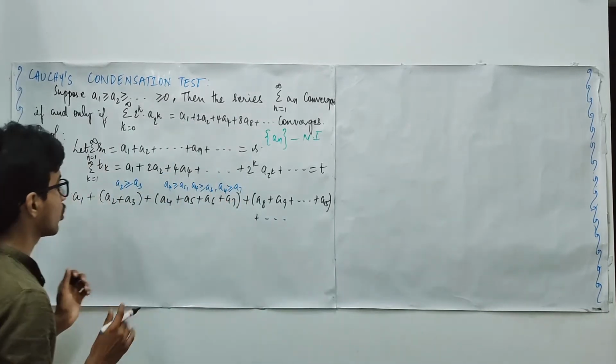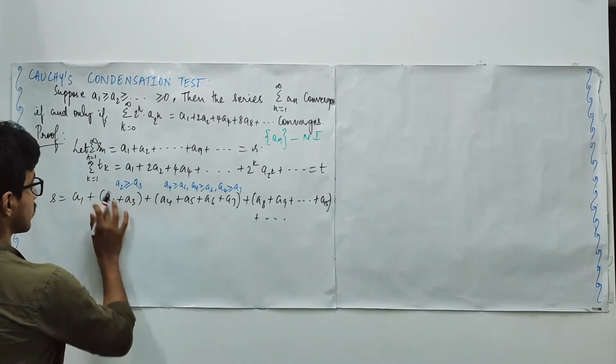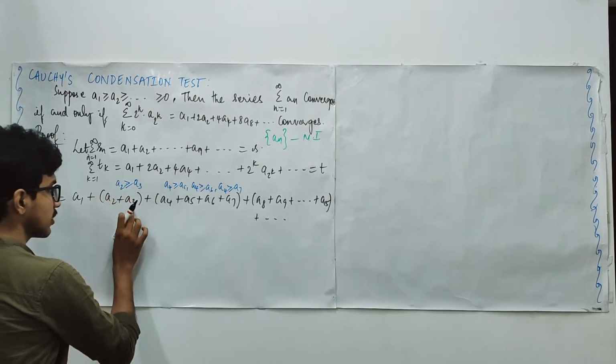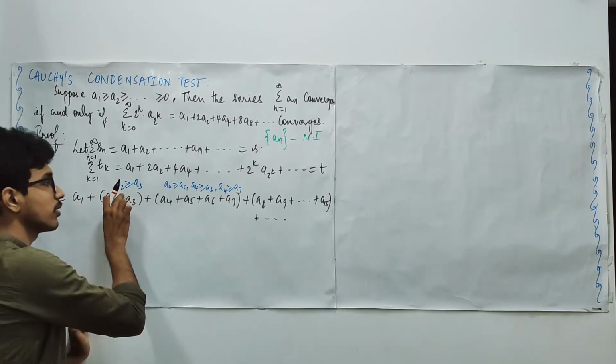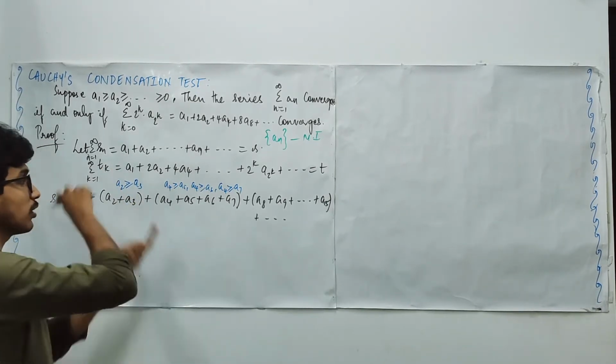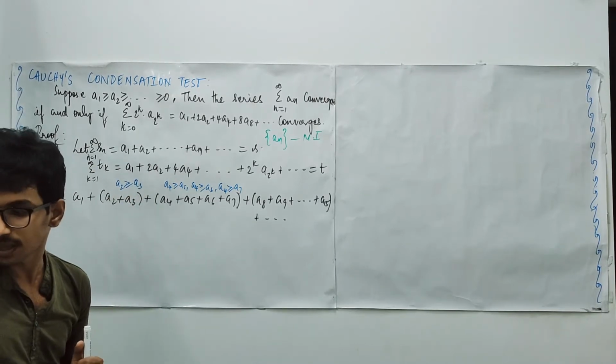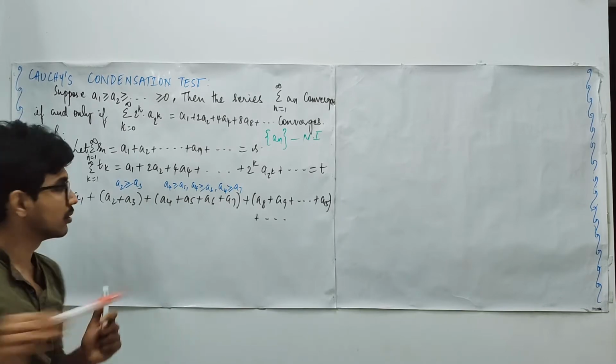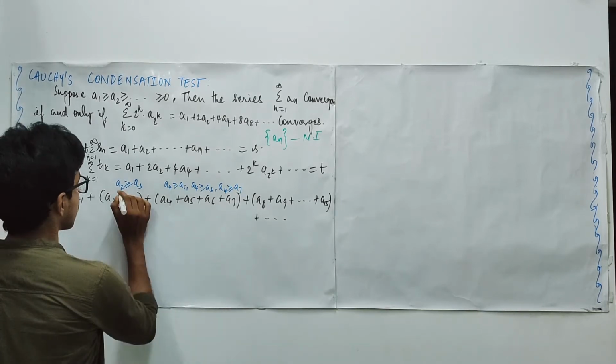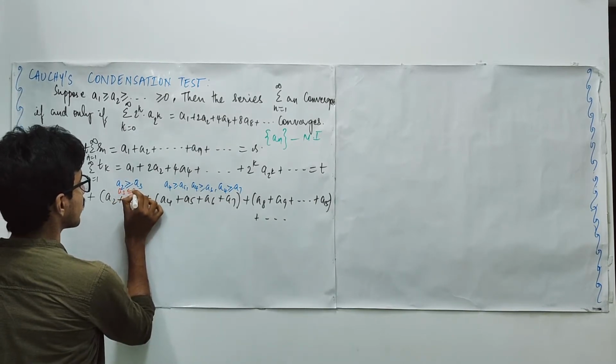So when you do this, in the place of a3 you substitute a2. The inequality gets reversed, so this may also be written as a3 less than or equal to a2.